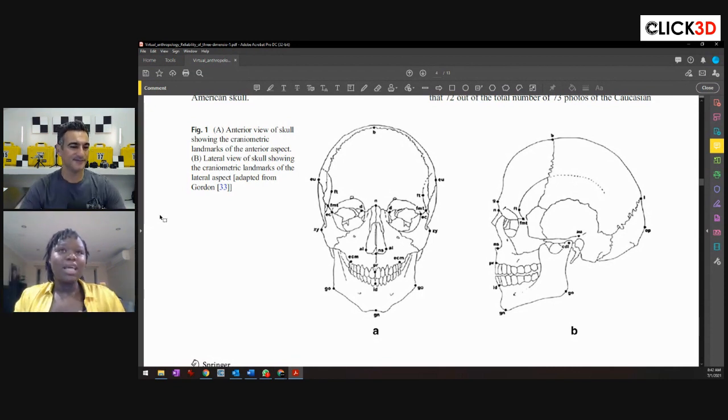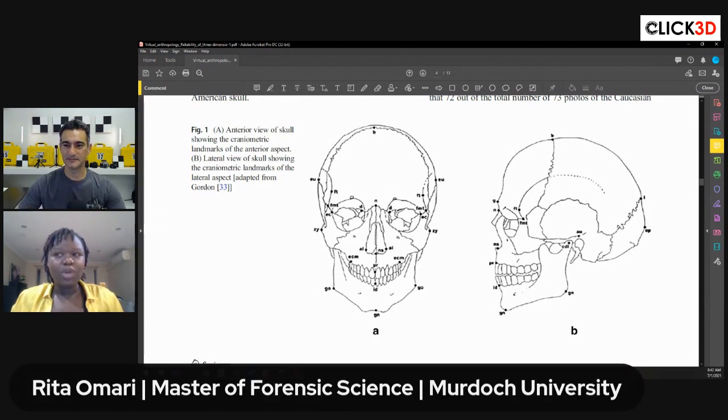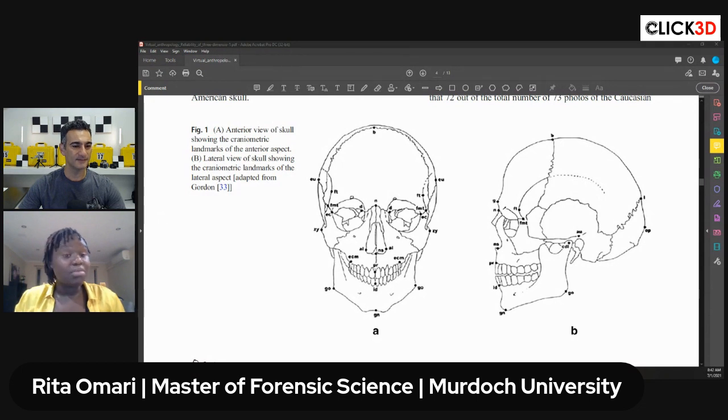Because none of us are expert anthropologists, this was the first time we were dealing with this. These are measurements that you read about and have to try and approximate on your own, and that was quite challenging. What I would consider the back of the head and what the next person would consider would be different, depending on your own judgment.